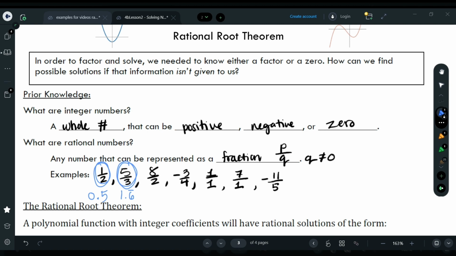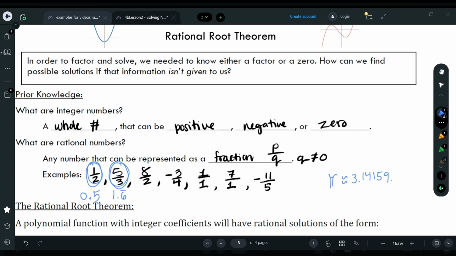But an example of a decimal that's irrational, let's say one of our famous ones, pi, which is 3.14159. That's all that I have memorized of it, but then it keeps going forever. So this decimal keeps going forever, and it never repeats. This decimal here, the 1.6, also keeps going forever, but it's just the same number.